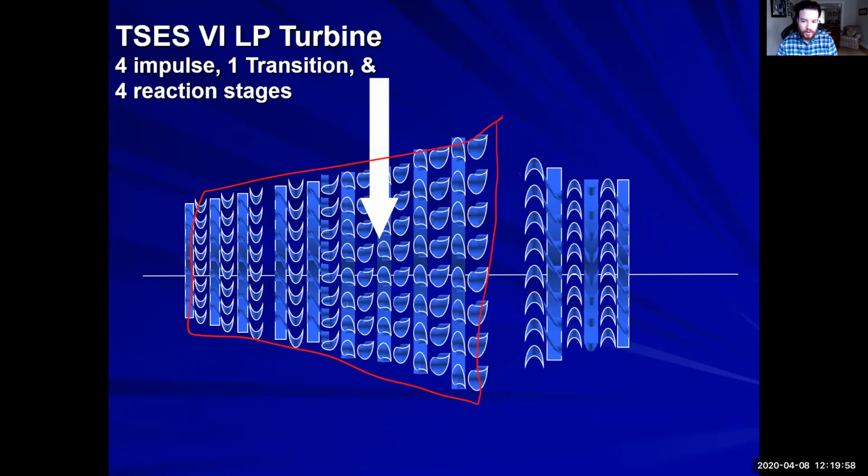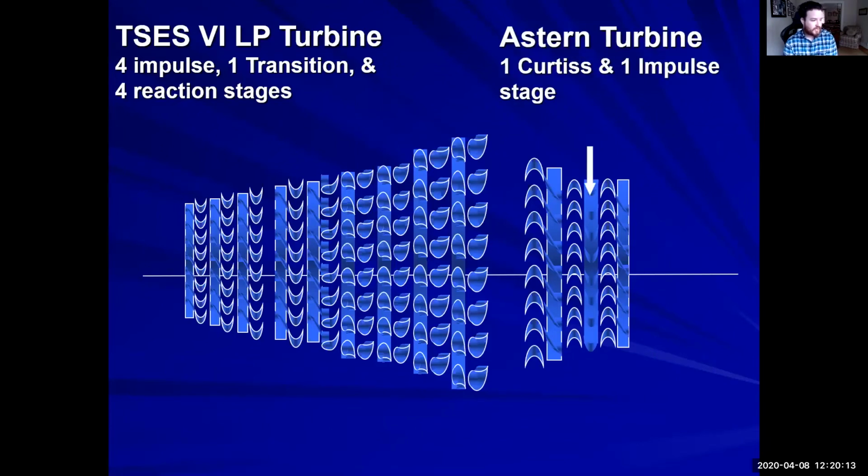There is no wall that separates these two. There's nothing there. What is there is our condenser sucking all this steam down right in this spot. So on the astern side, we have 1 Curtis and 1 impulse stage.